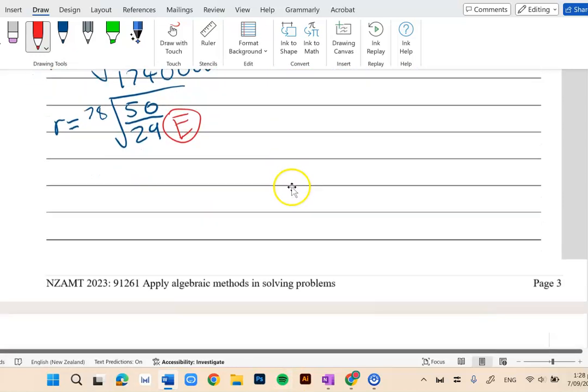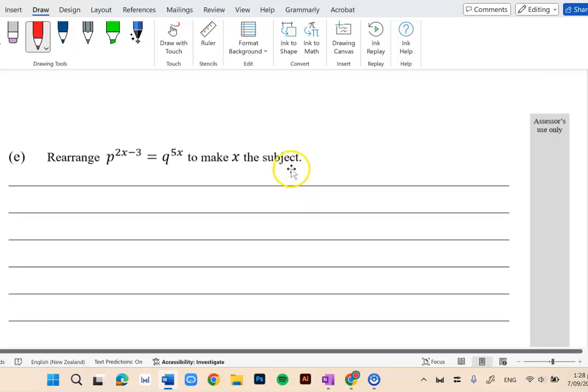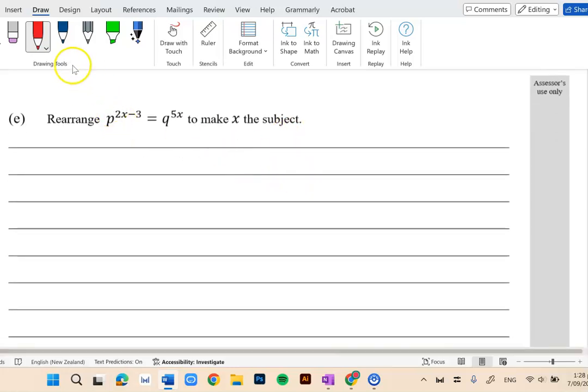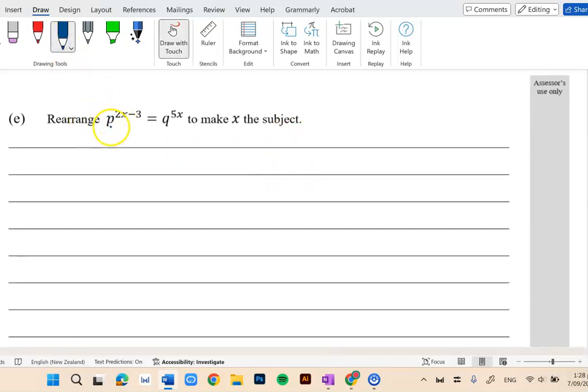Alright, now we're going to move on to this last question. Rearrange p to the power of 2x minus 3 equals q to the power of 5x to make x the subject. Alright, so this question's going to have logs involved because we've got these powers, so that just tells me we're going to have to use logs at some point.